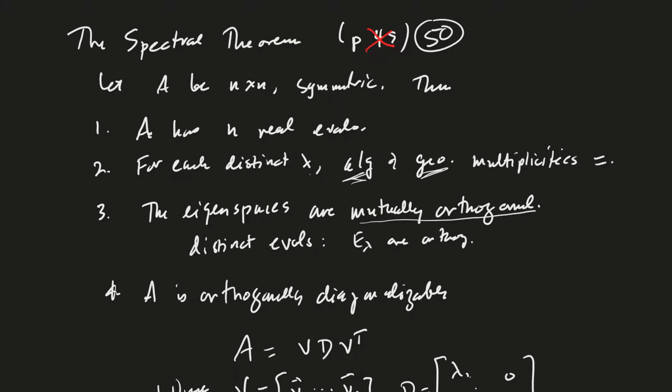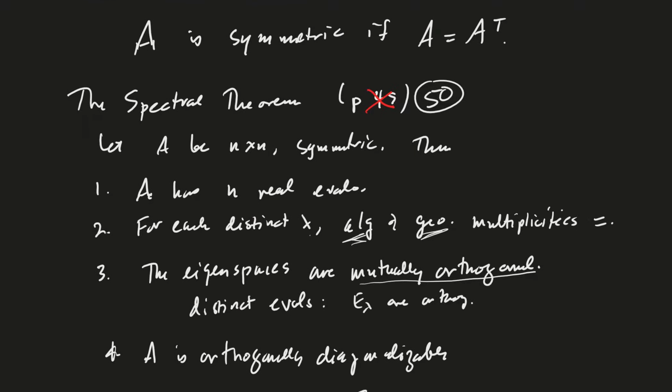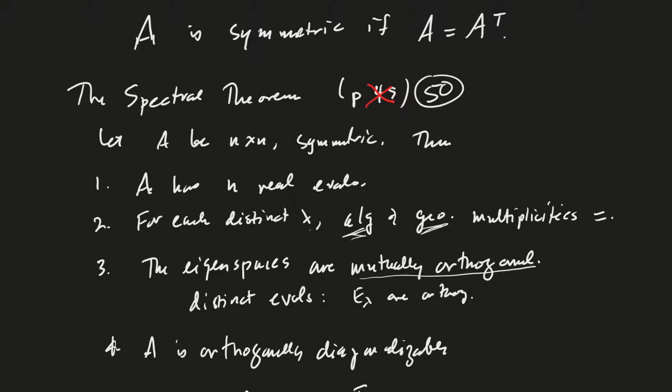Good. The main thing with the spectral theorem is it says that if A is symmetric, that is, if A is equal to A transpose, and by the way, this is for real and symmetric. Our matrices are all going to be real, so if it's complex, you have to do something a little bit different.